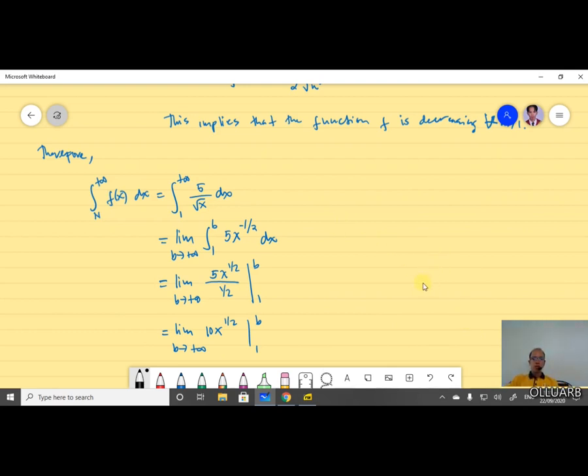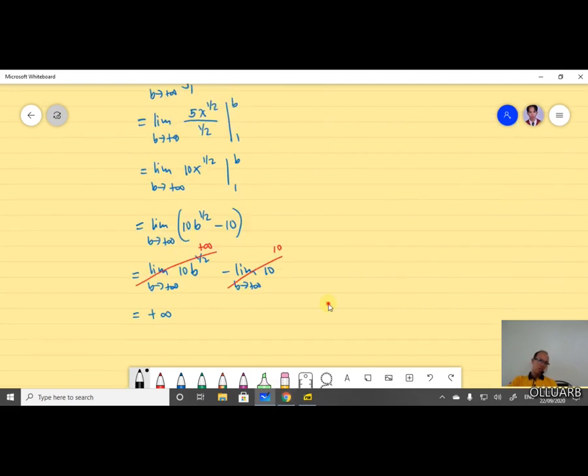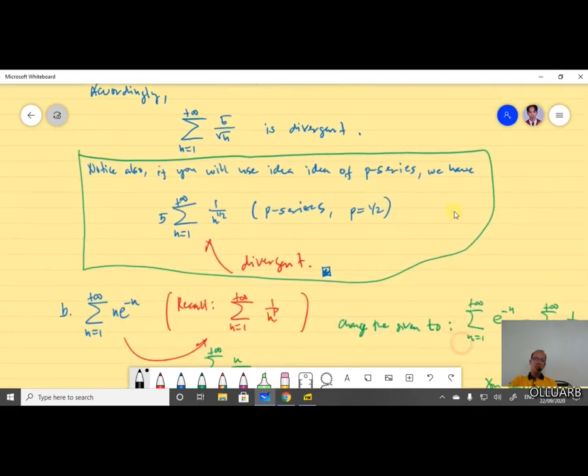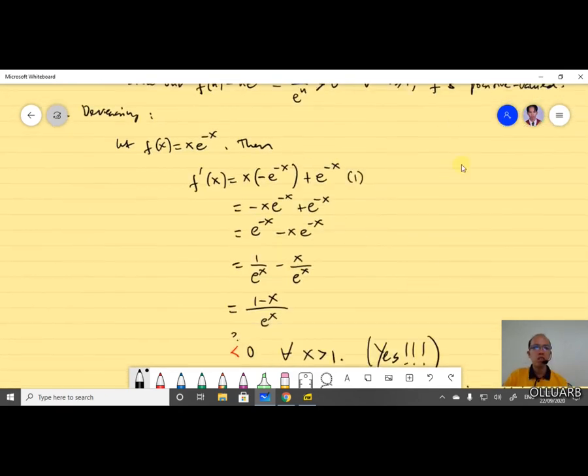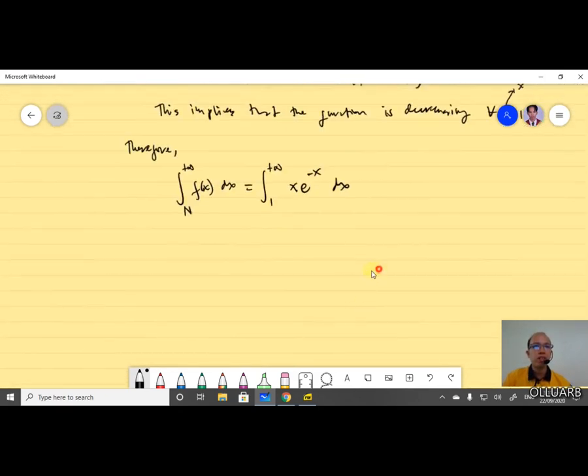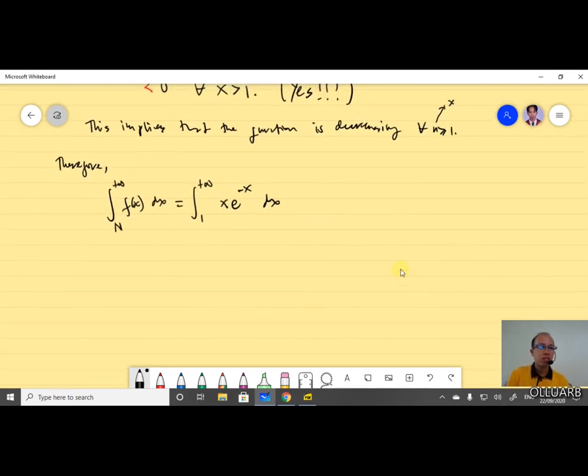Okay, this is okay. So this is an improper integral.